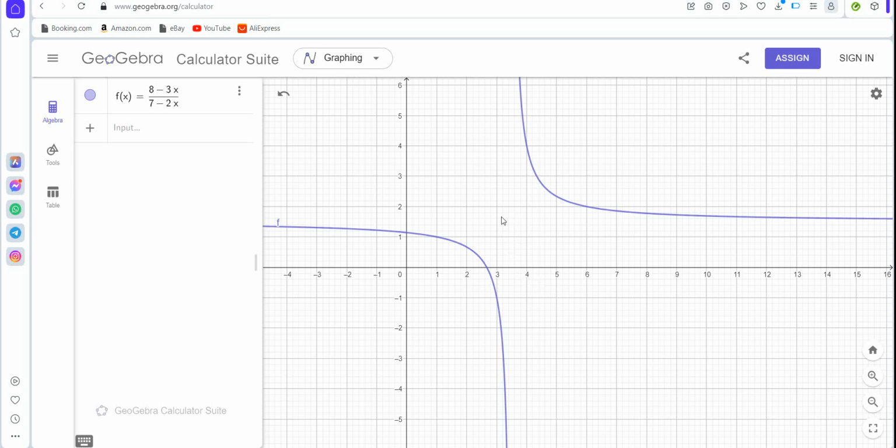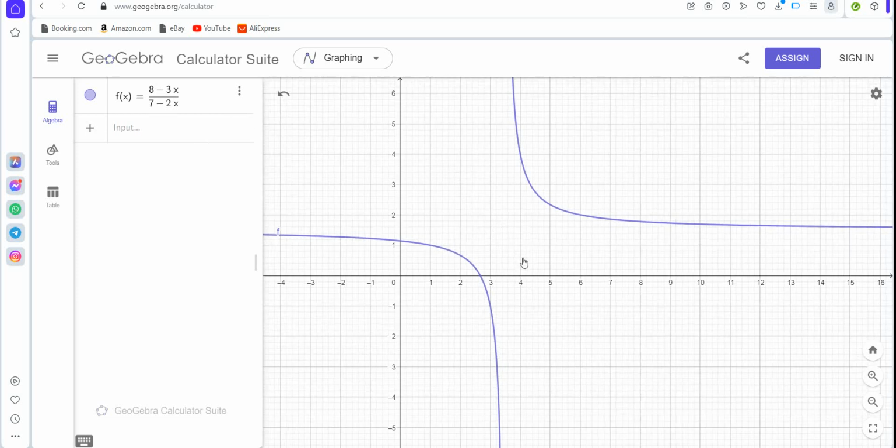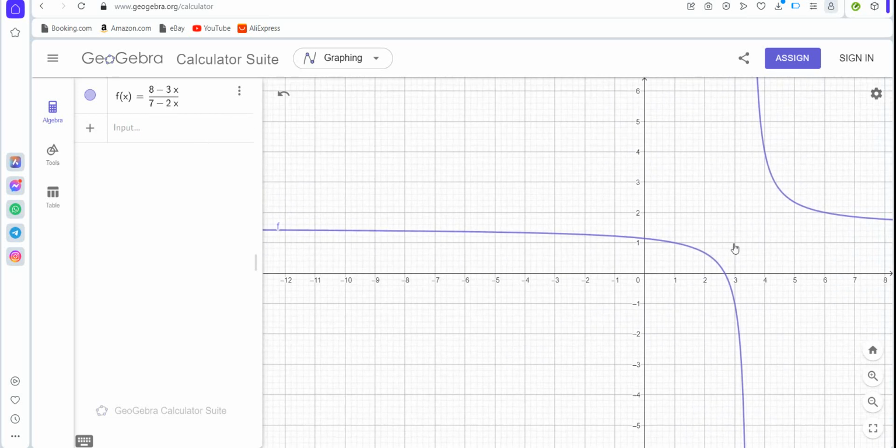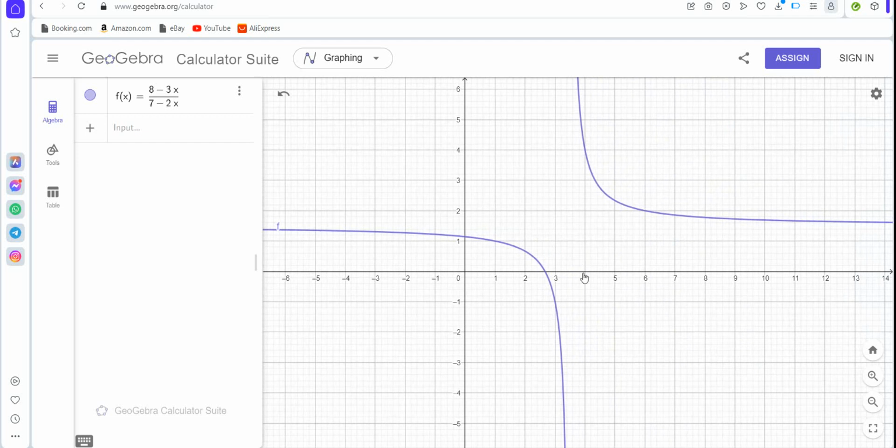It's 3.5. 7 divided by 2, as you see here, is 3.5. So the domain is from minus infinity to infinity without this vertical asymptote 3.5, and the range is minus infinity to infinity without the horizontal asymptote 1.5.